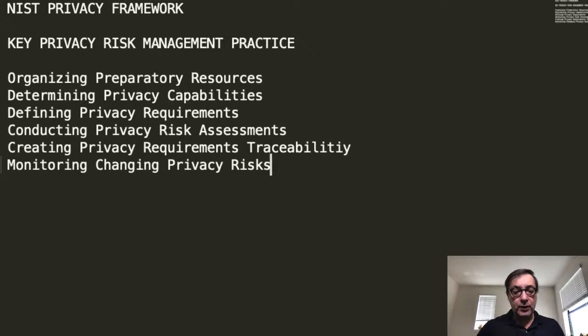So without going into extreme detail on any of this, NIST highlighted a couple of key practices that you can find in Appendix D of the framework, such as organizing preparatory resources. That section covers risk management role assignments, and they highlight that having a diverse workforce in this process is really useful to bring in different perspectives when you are analyzing for privacy risk and getting to better responses.